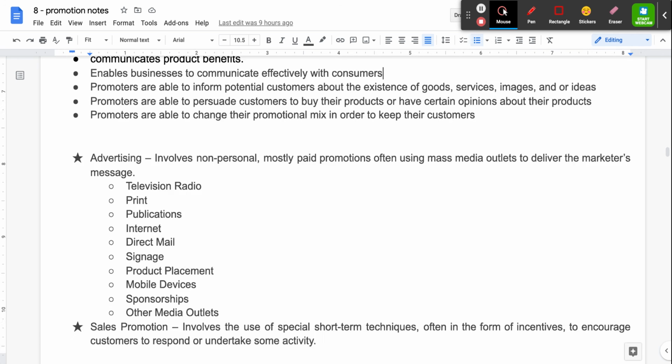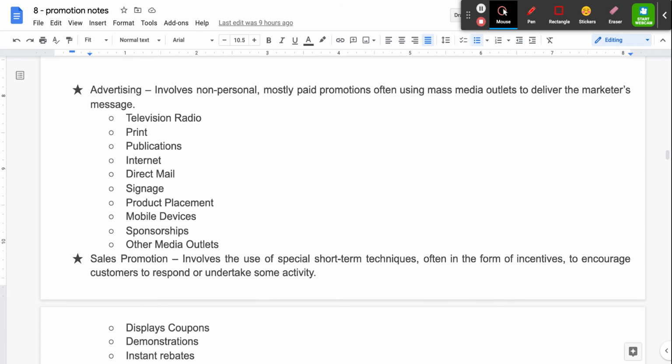So when we talk about the promotional mix, there's five elements that we're going to talk about. The first one being advertising. So this involves non-personal, mostly paid promotions, often using mass media outlets to deliver the marketer's message. So with advertising, we're paying. We control everything because we've paid for it.